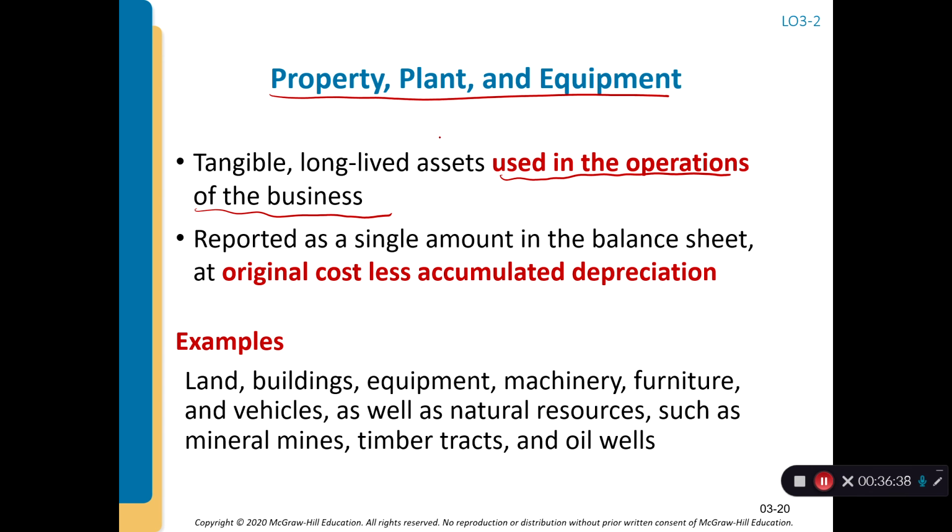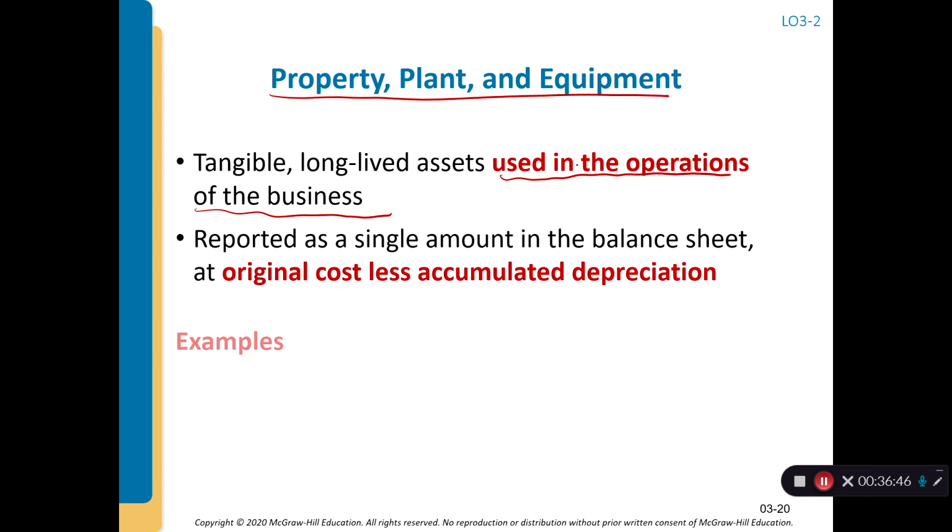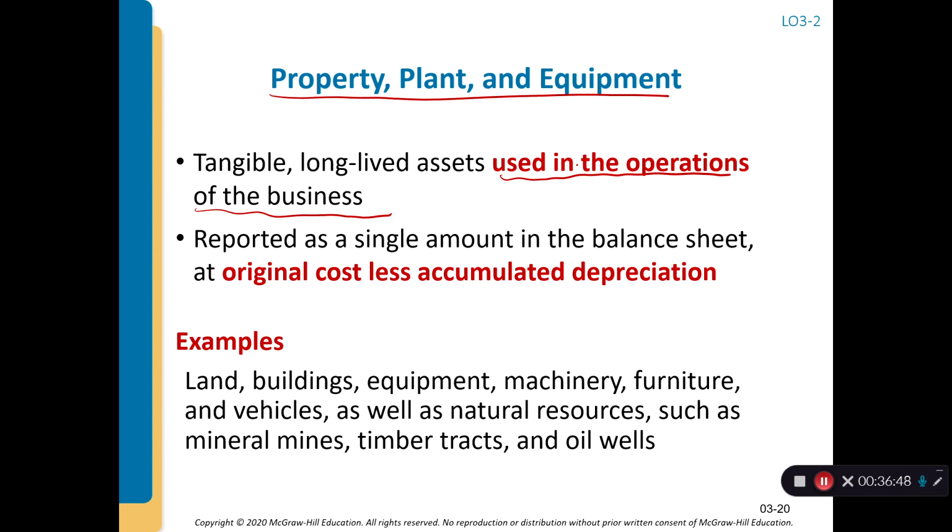Compared to investments, which are not used directly in the operation, PP&E is used in the operation of the business. It's reported as a single amount in the balance sheet at the original cost minus the accumulated depreciation. So the PP&E here includes property, plant, and equipment, such as land, building, fixtures, equipment, machinery, furniture, vehicles, as well as natural resources, mines, timber and oil wells.